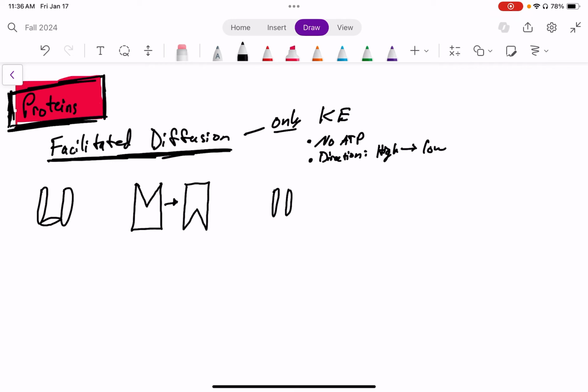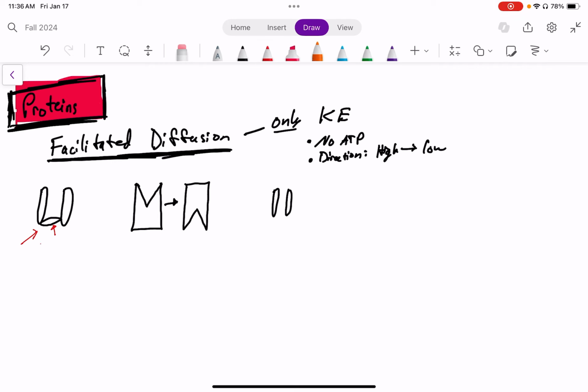So if we see here with these couple examples of proteins that I have, this protein right here is what we would call a channel protein. And most channel proteins have this little gate thing right there. There can be different stimuli that impact when the gate opens.